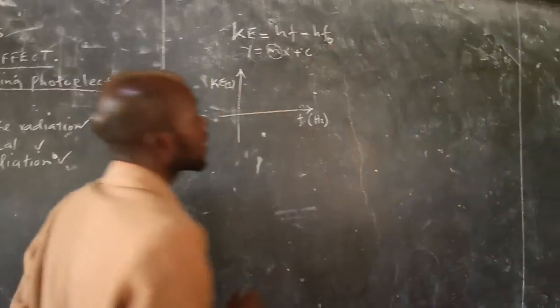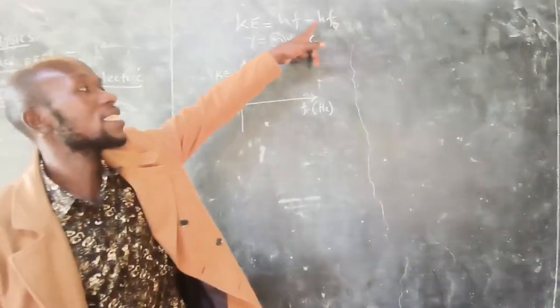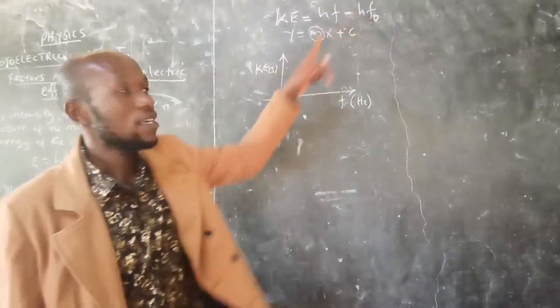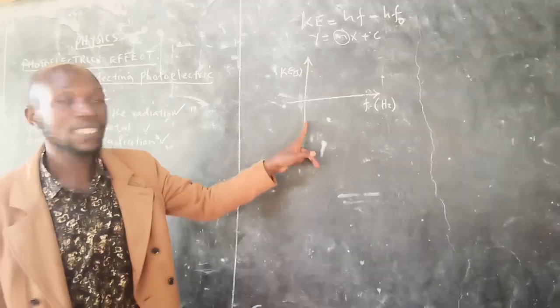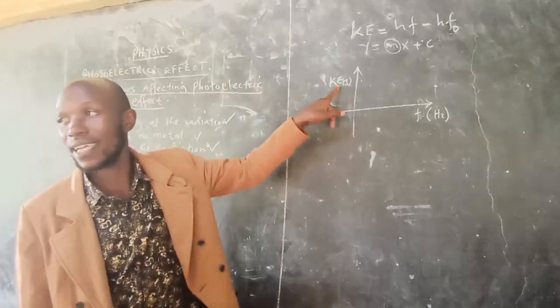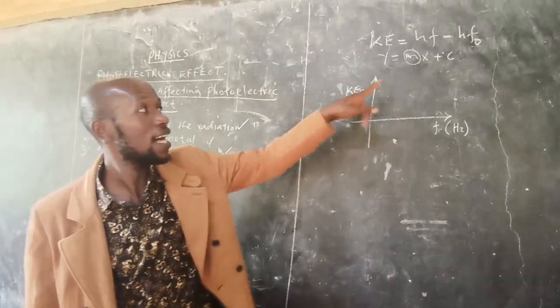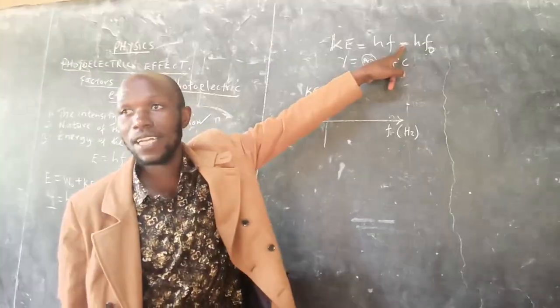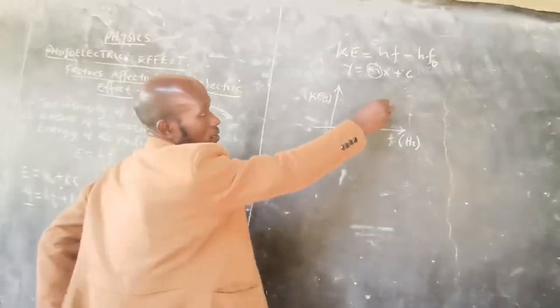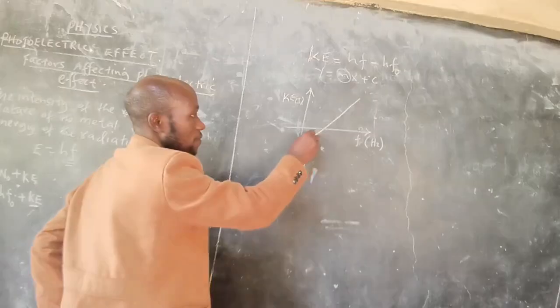Our graph will be a straight line cutting the vertical axis, the kinetic energy axis, at a negative value because of the negative sign here.